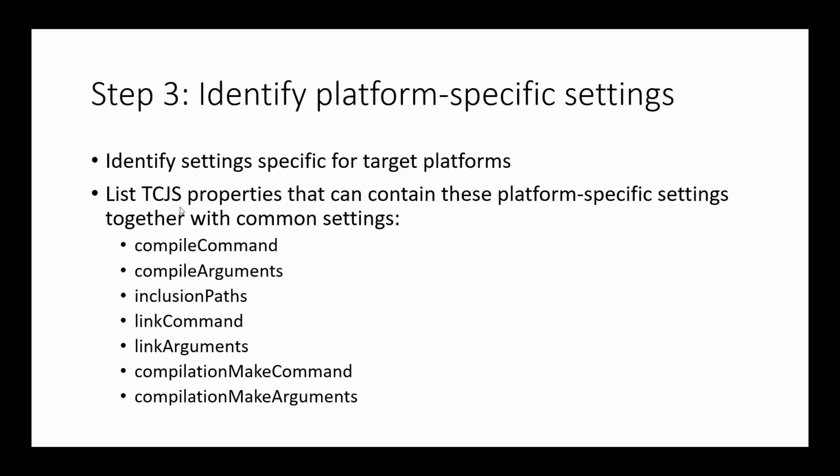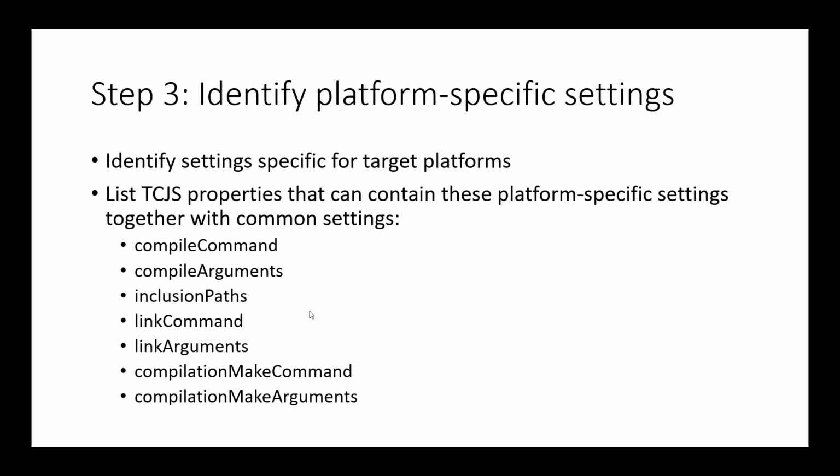And also you need to list the properties in TCJS that contain these platform-specific settings. So these are the common places where platform-specific settings can be found inside your TCJS. As I mentioned, this is compile settings, link settings, make settings, and inclusion paths. But there could be more.